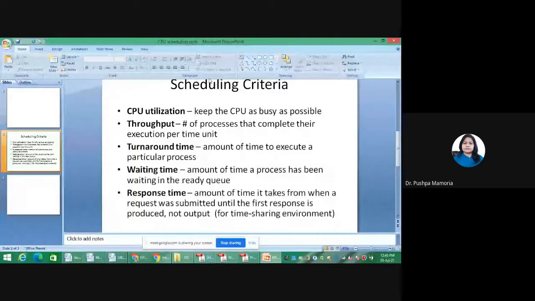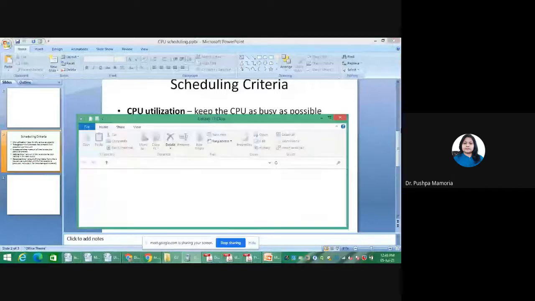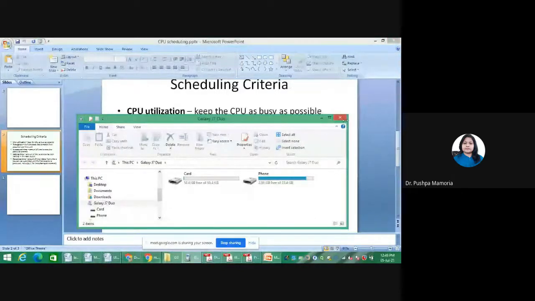Here they have given various scheduling criteria on the basis of which we can compare the scheduling algorithms, and as per the result of those algorithms, a system can use the principle of scheduling to schedule the CPU for the execution of various numbers of processes.